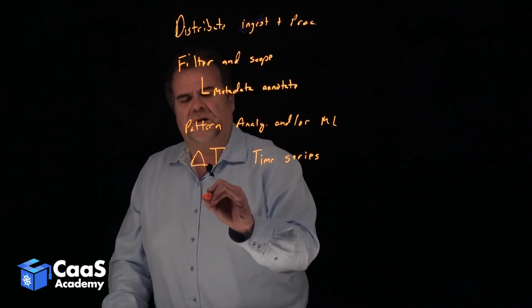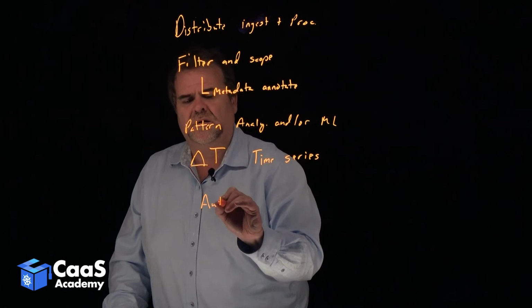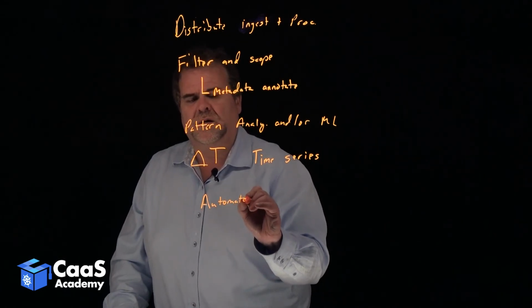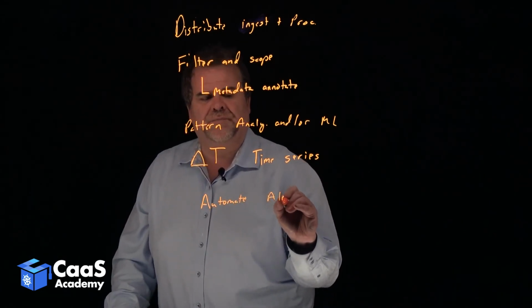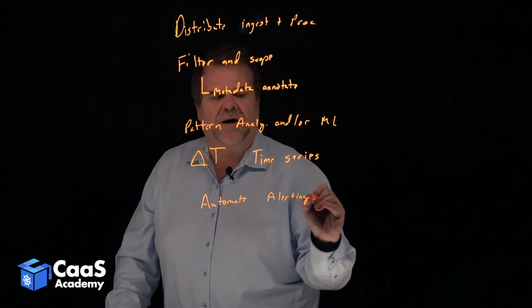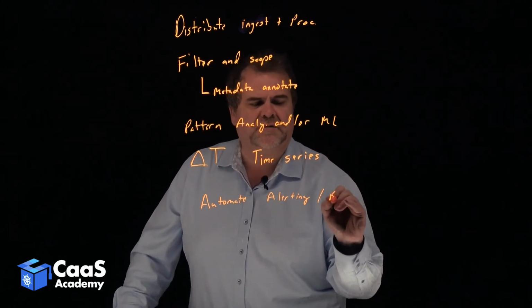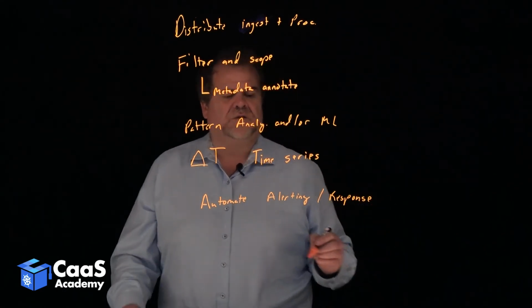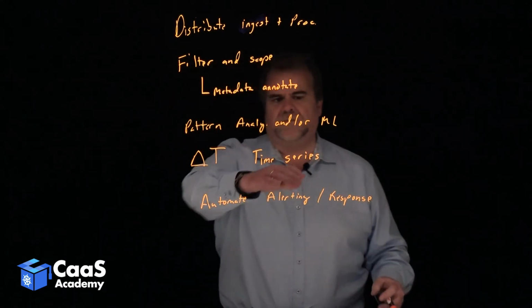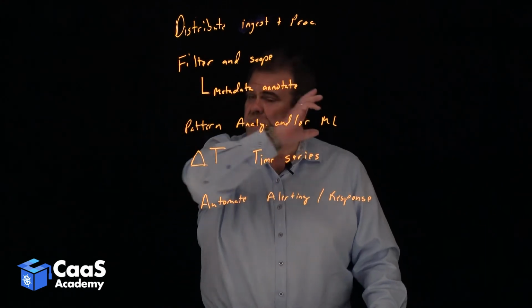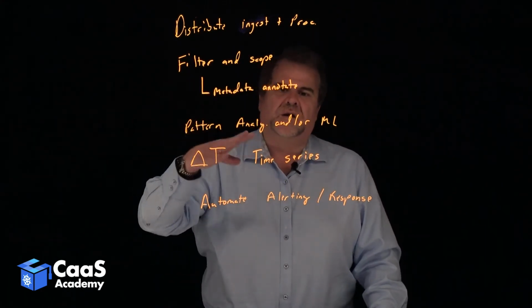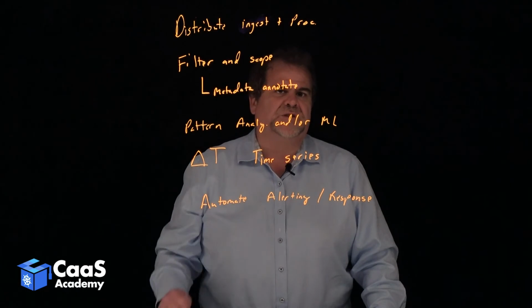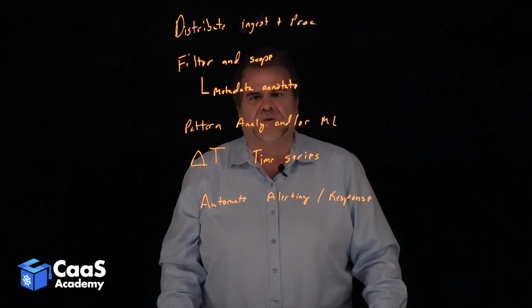We probably also need to automate alerting and possibly even response in some cases. So you probably want to automate the alert on time series excursions and patterns you hadn't noticed. You're going to then send that alert off based on some set of rules to some group of people to look at it.